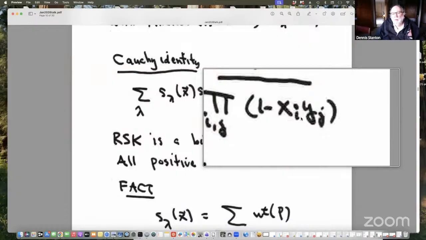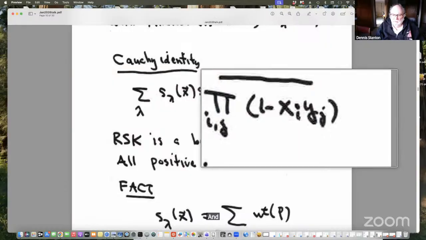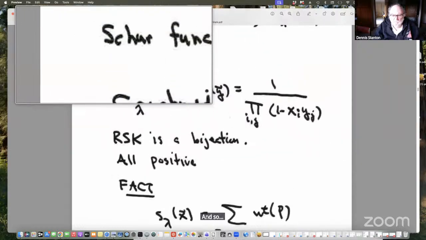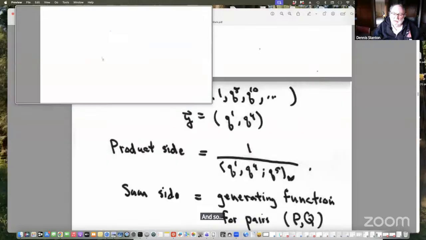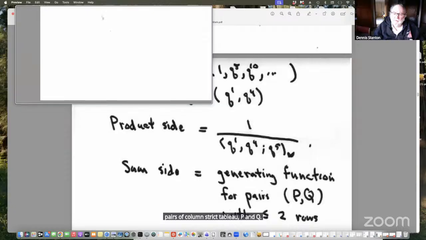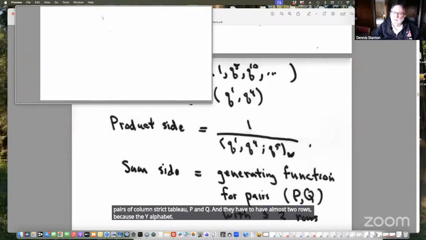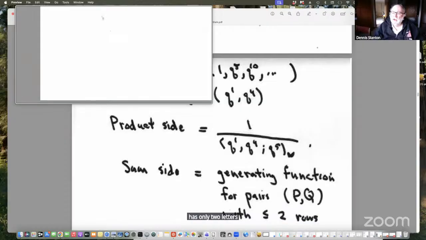You get 1 mod 5 and 4 mod 5. And so that's exactly what we want. And the sum side is now a generating function for pairs of column strict tableaux, P and Q. And they have to have at most 2 rows because the Y alphabet has only 2 letters, a 1 and a 4.